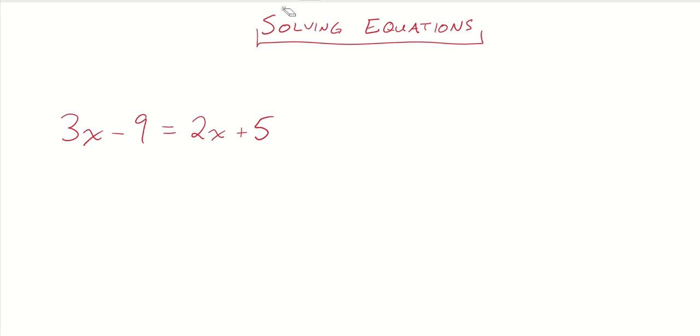How do we collect these like terms? Well, let's make sure that they're both on the same side first. So let's bring this variable term to the left-hand side. It doesn't really matter if you bring the 2x to the left-hand side or if you bring the 3x to the right-hand side. You'll get the same answer either way. It's just this way will be easier.